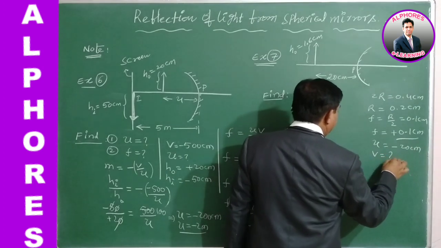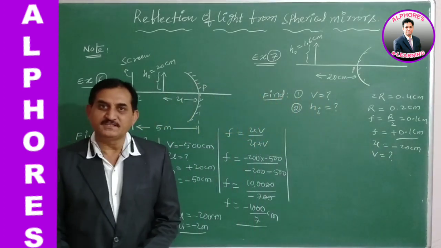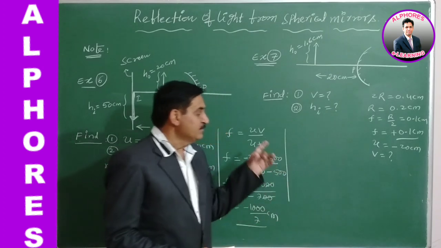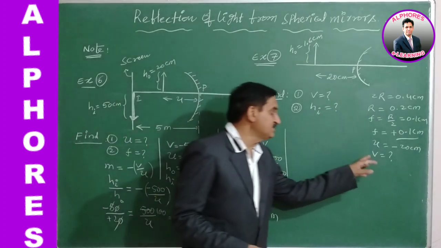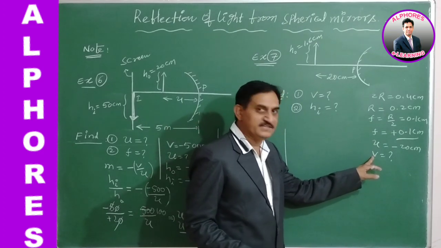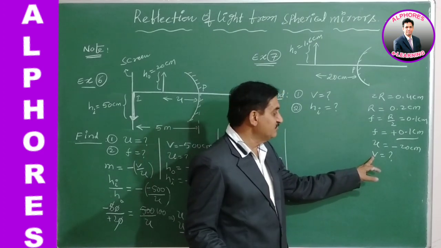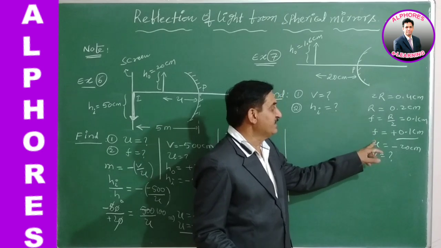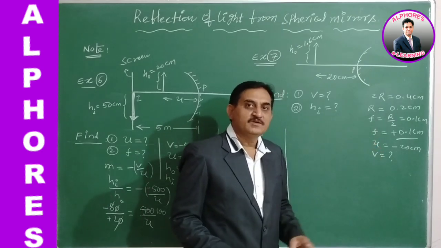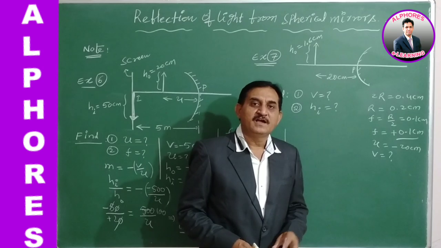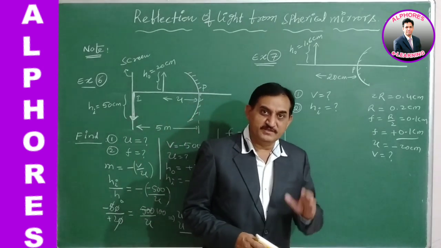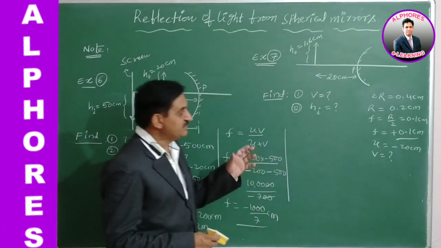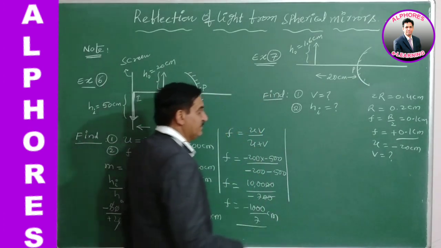What are you going to find? V. Again I repeat the same. The question is to find the position of the image distance, which we are going to find. So there is no need to use the sign convention for this quantity, but for the rest of the quantities we have to use the sign convention, select the relevant formula, substitute the values with proper sign conventions and simplify it, and you will get the answer.